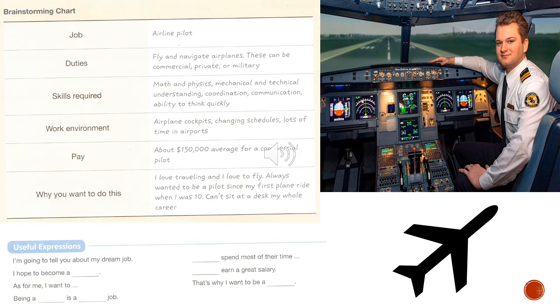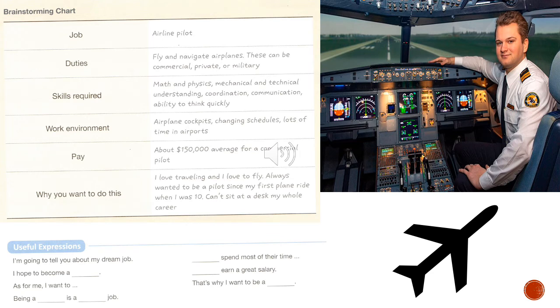Here I'm using the job of airline pilot. So I've written airline pilot as my job, and I wrote down a couple of duties. So fly and navigate planes, maybe commercial like Korean Air, or private, for example, for a company, or it could be military.